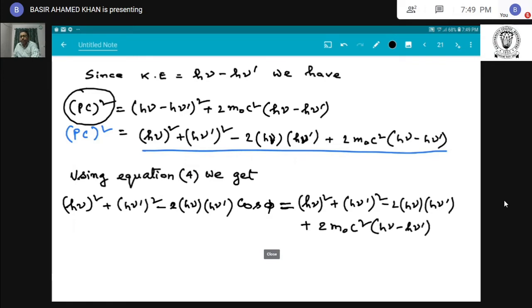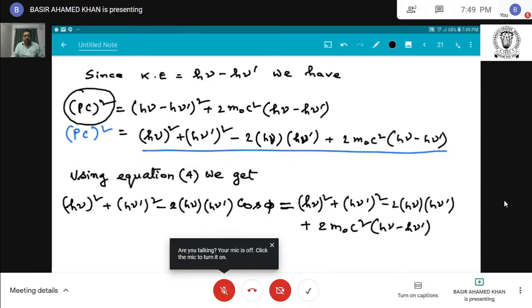Now on both sides, the (h nu) square and (h nu prime) square cancel out.